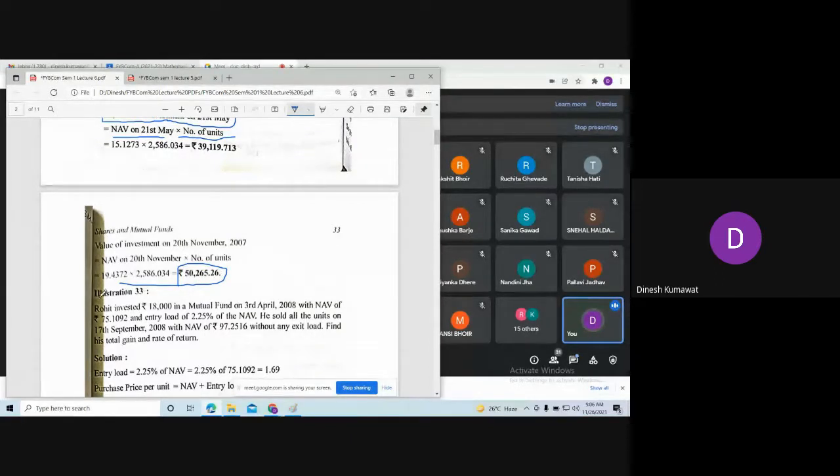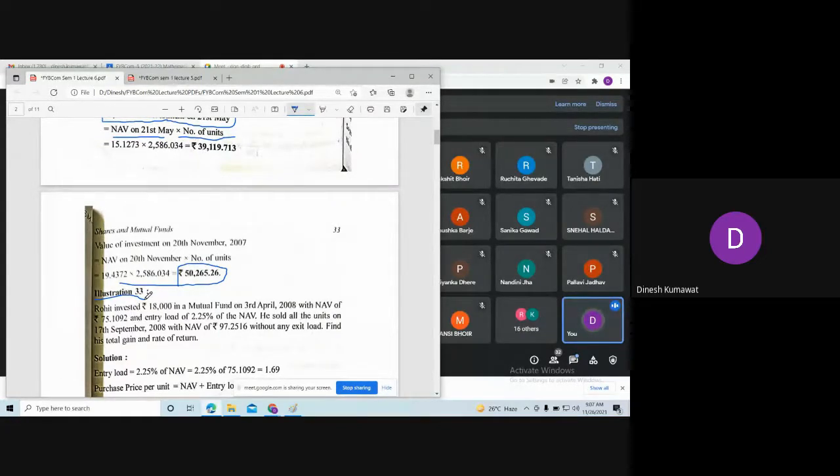So our next problem is illustration number 33. Rohit invested rupees 18,000 in a mutual fund on 3rd April 2008 with a net asset value of rupees 75.1092 and entry load of 2.25% of the net asset value.